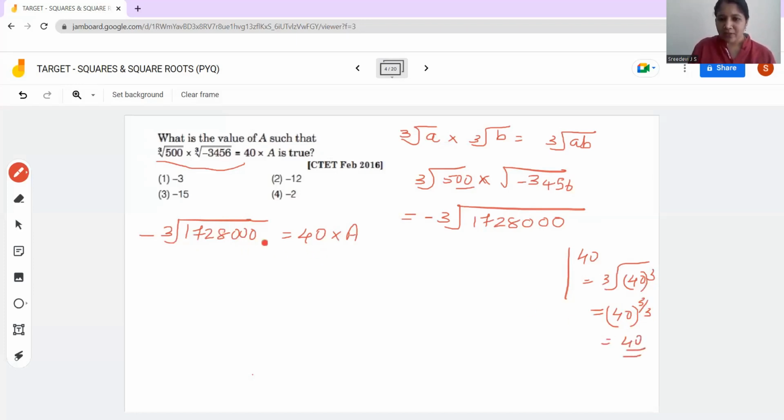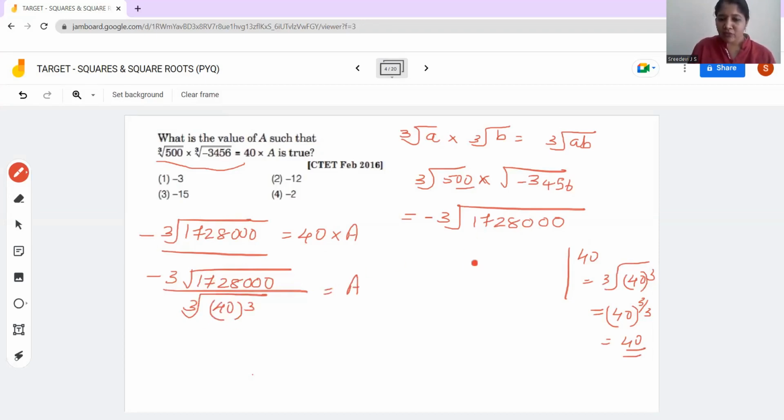So I'm replacing this 40 as, in the next step, minus cube root of 1728000 divided by cube root of 40 cube, which will be equal to A. So what will I be getting?